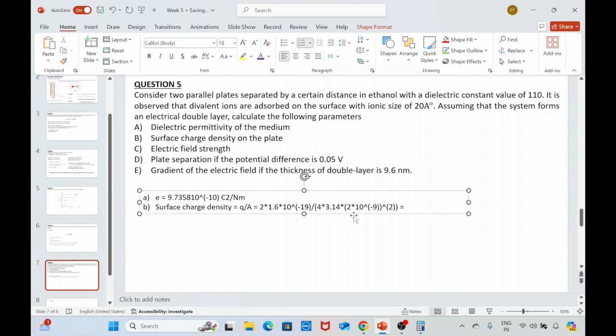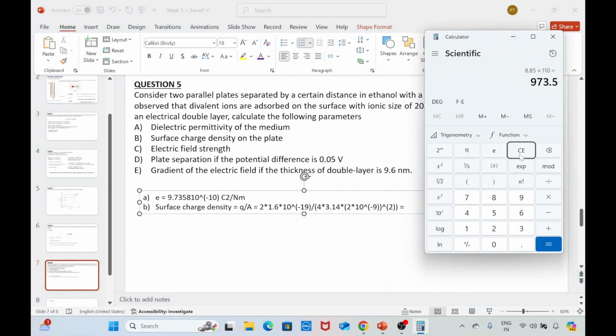So if you calculate 2 into 10 to the power minus 9, the whole square will be 4 into 10 to the power minus 18.